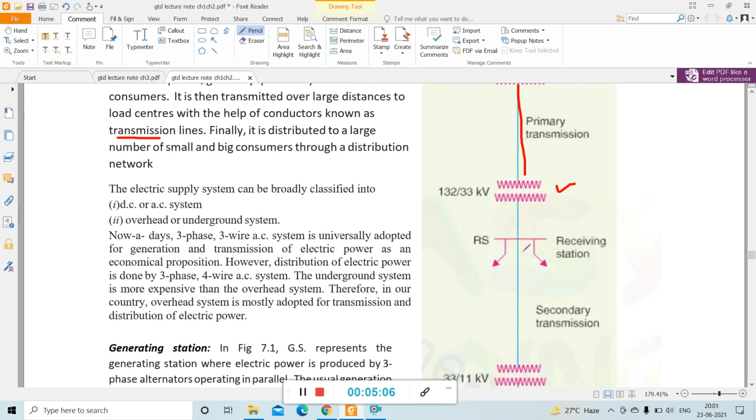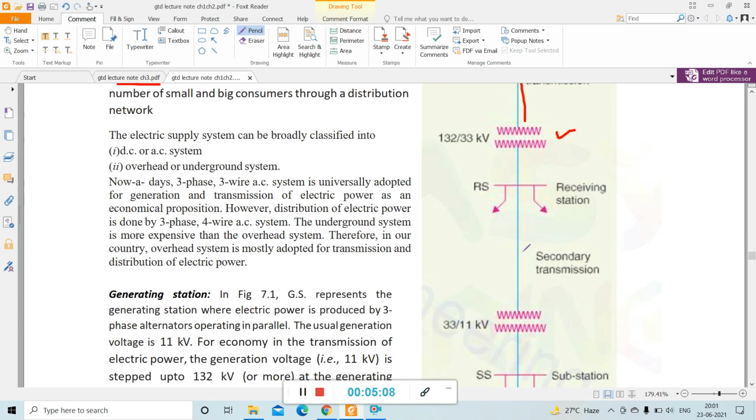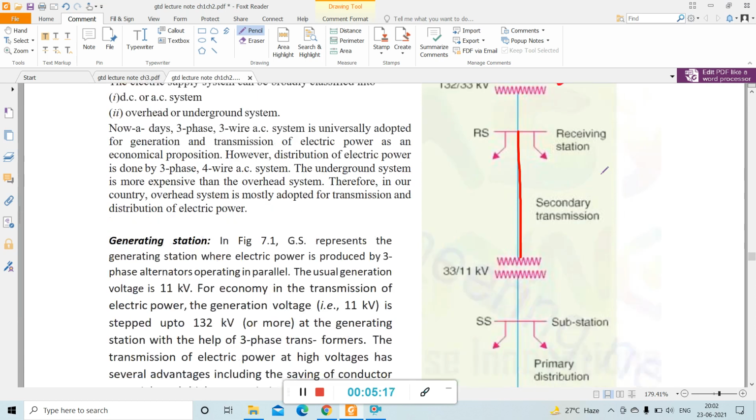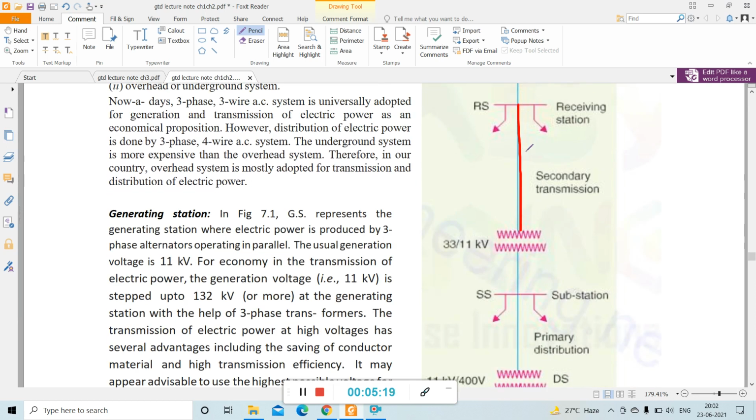From this receiving station through the secondary transmission line, upper one is the primary transmission line, it again reaches the substation. Here is also one transformer that again steps down the voltage from 33 kV to 11 kV.